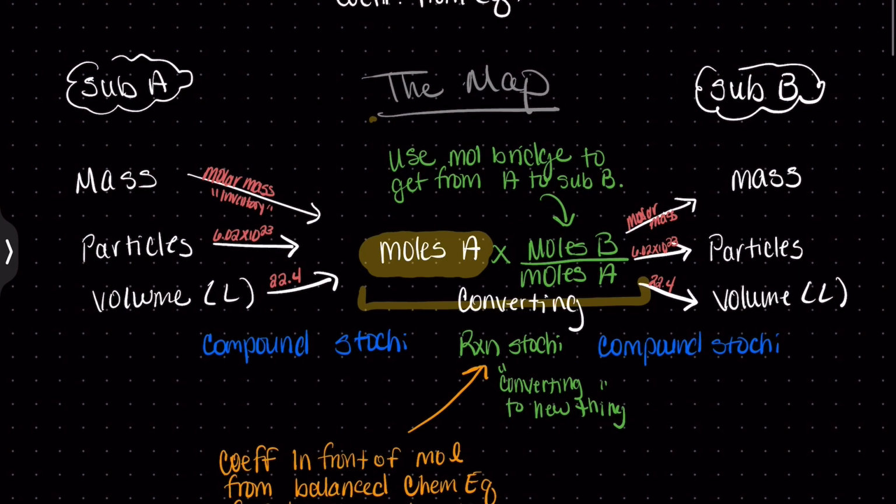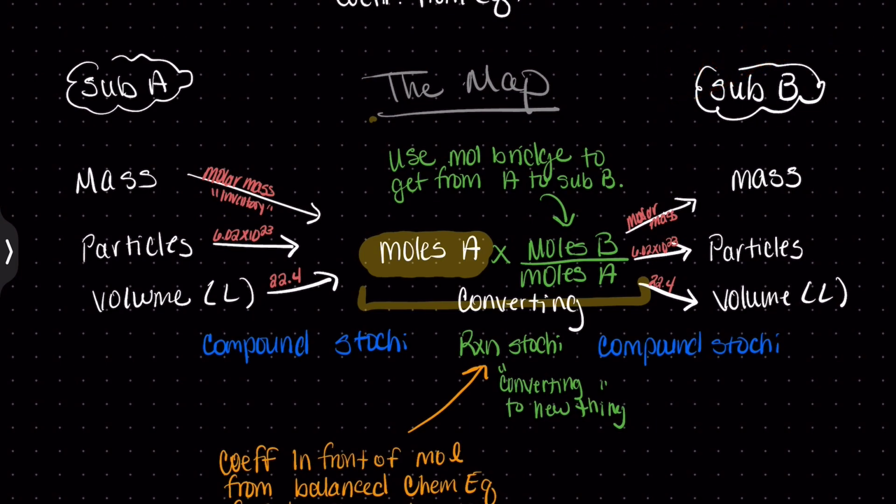So when I say build a molar bridge, this is the layout I'm talking about. You have your given substance A, so that's given to you most times. And this substance B is the goal or what you're going to.